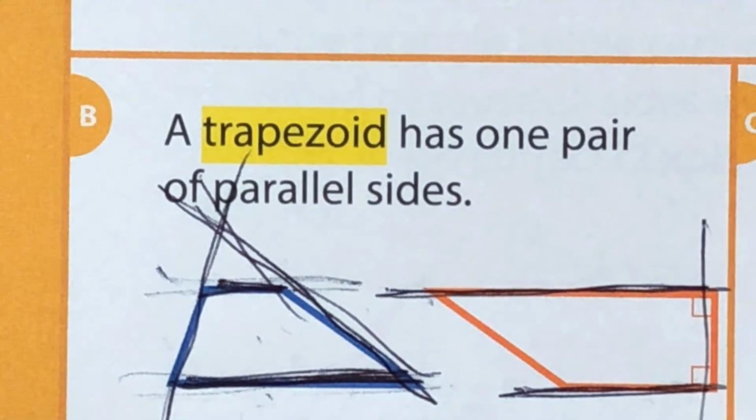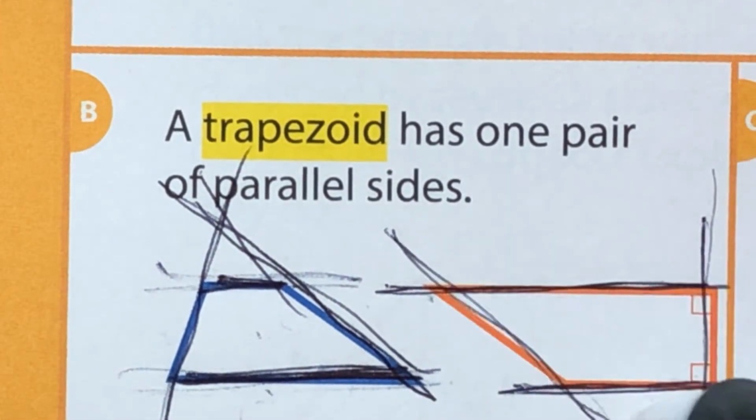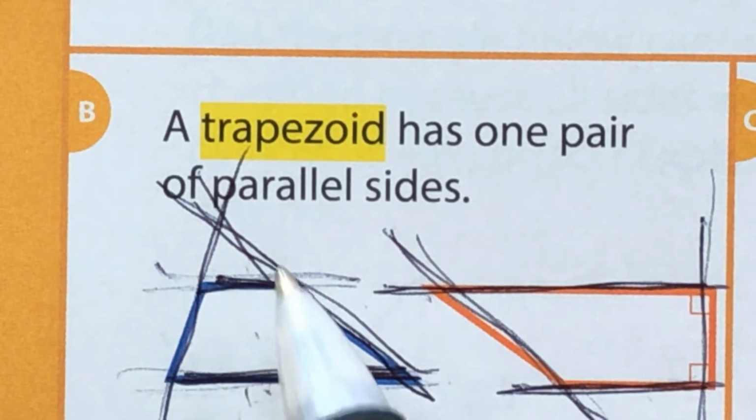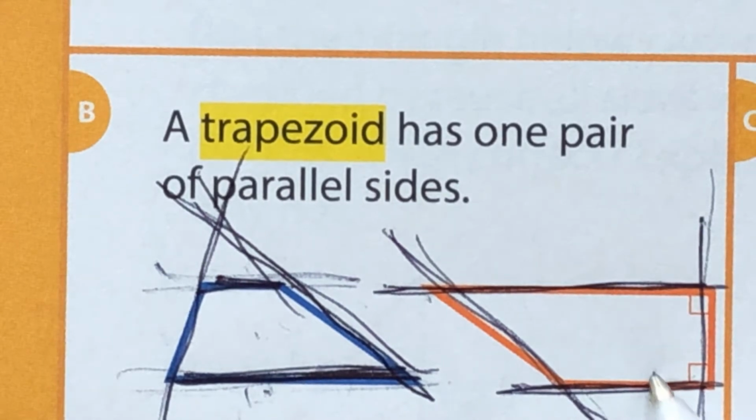But if we extended these two lines like that, eventually these sides are going to touch. So this pair of sides is not parallel. So this is a trapezoid, this is its one set of parallel sides, and this is a trapezoid, this is its one set of parallel sides. All right, so a trapezoid has one pair of parallel sides.